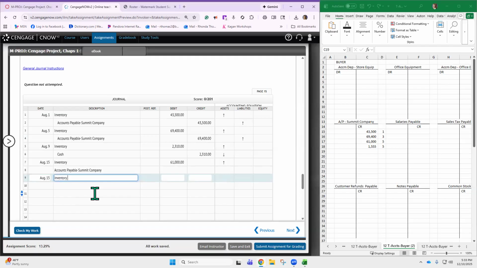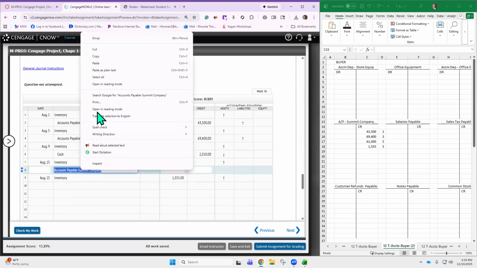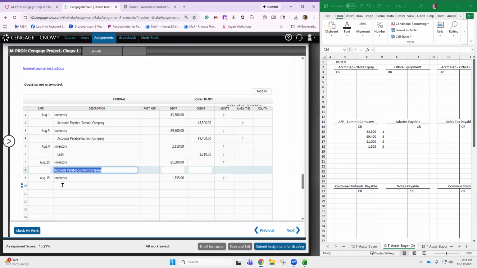If I put freight on here, it'll count me wrong, but I would still record it separate because that way, you know, one was product and one was shipping. Okay, so then we need to credit $1,555.